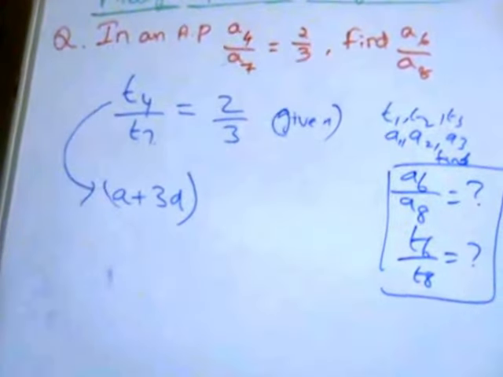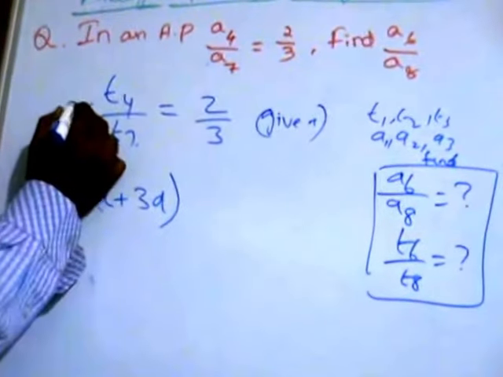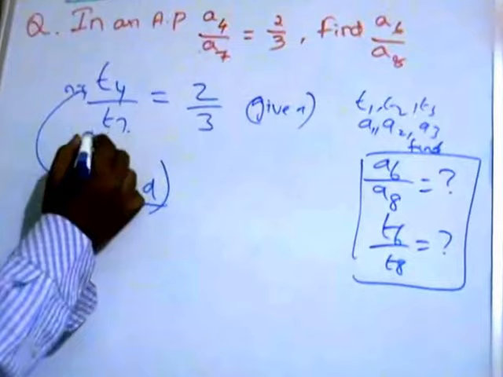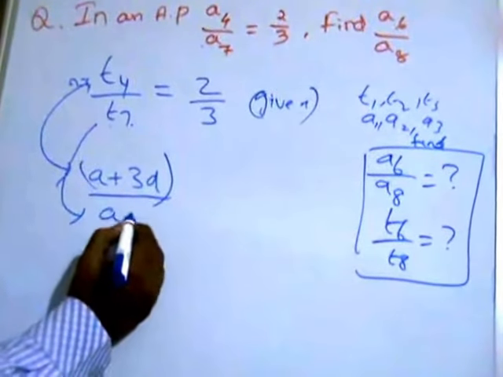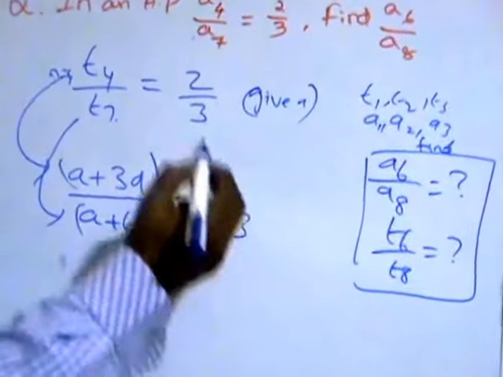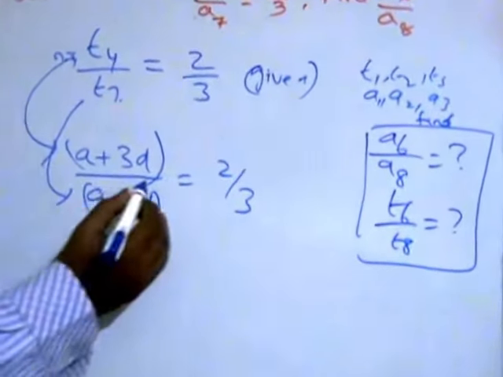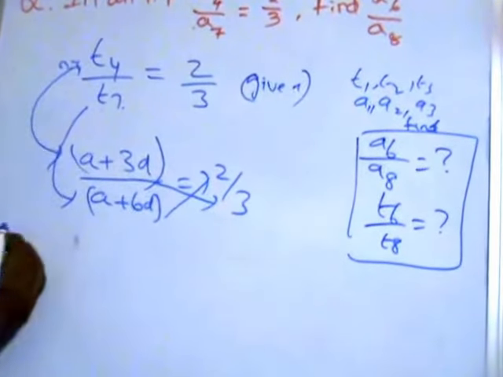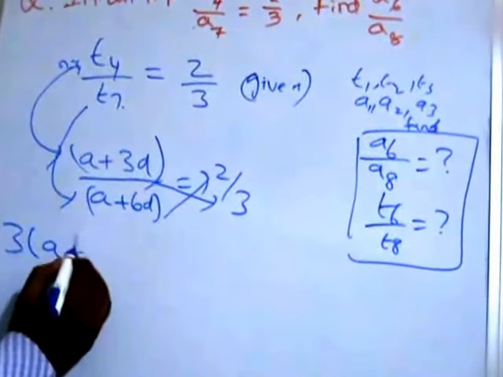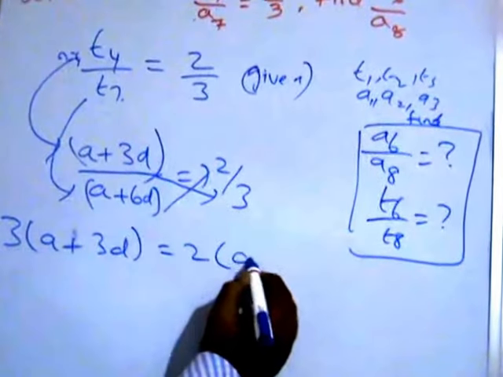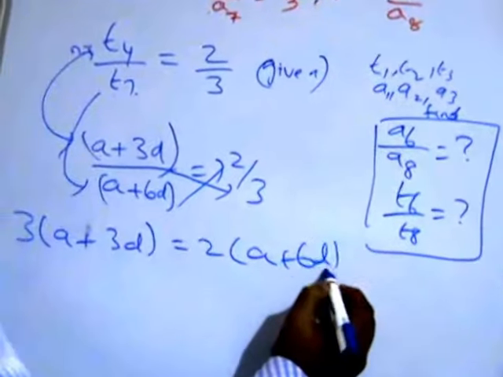We know already, we reduce one number because n is equal to 4. Term 7 is straight away A plus 6d. That is given as 2 by 3. So you cross multiply and you get 3 bracket A plus 3d equal to 2 bracket A plus 6d.